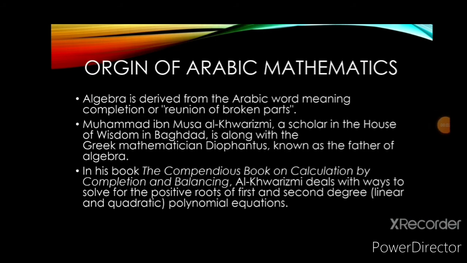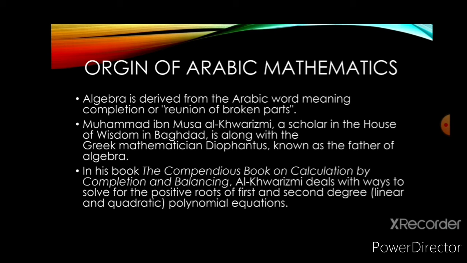Now let's talk about Arabic mathematics and the mathematician Al-Khwarizmi. Algebra is derived from the Arabic word meaning completion or reunion of broken parts. Muhammad ibn Musa al-Khwarizmi, a scholar in the House of Wisdom in Baghdad, is along with the great mathematician Diophantus known as the father of algebra.